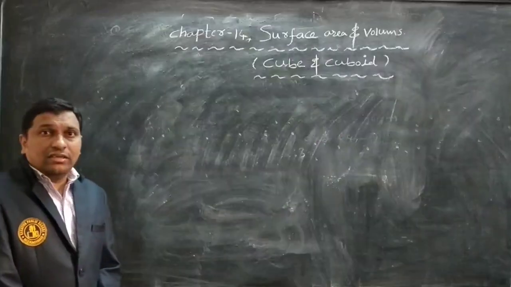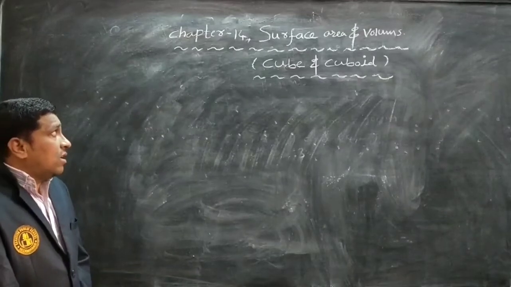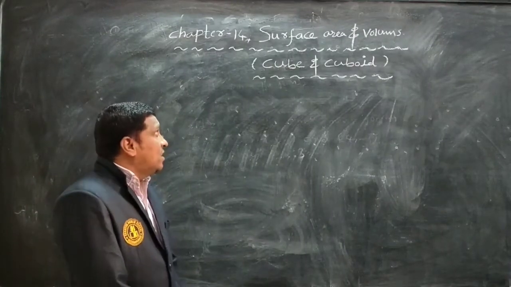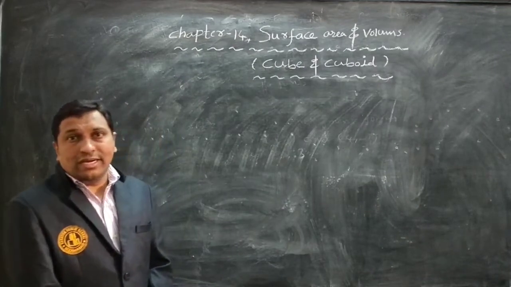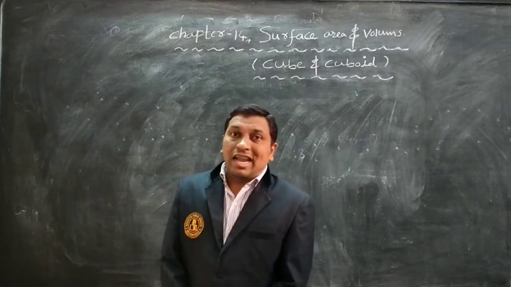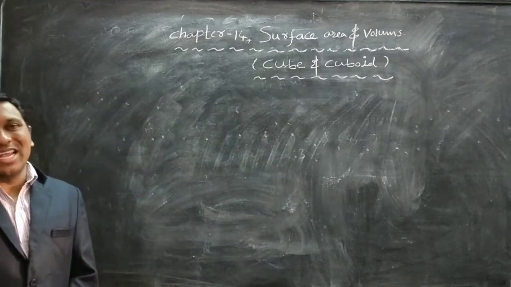Chapter number 14, 8th class standard. In this chapter, the main target is the cuboid, for total surface area and lateral surface area, and we also have to calculate volume.